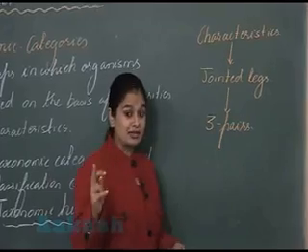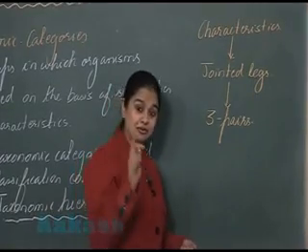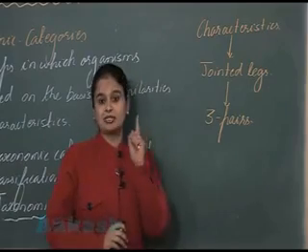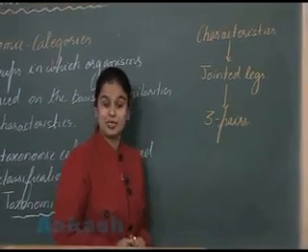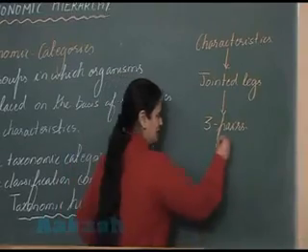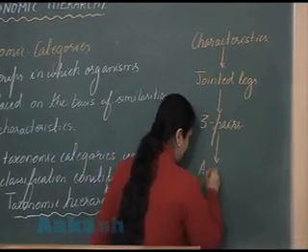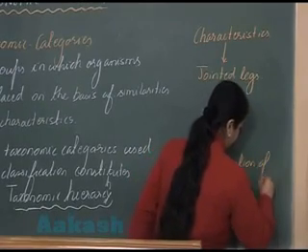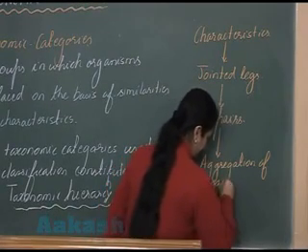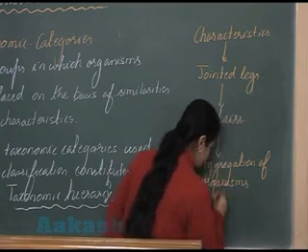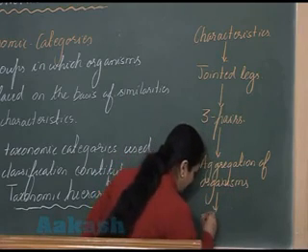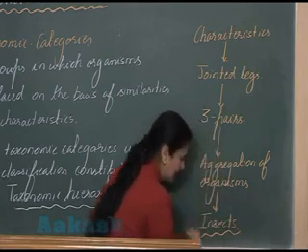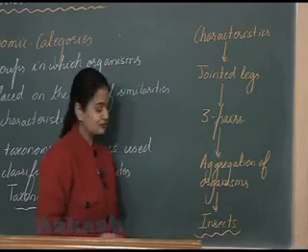Yes, organisms having 3 pairs of jointed legs are aggregated, and this aggregation of organisms represents a group, and this group is known as insect.